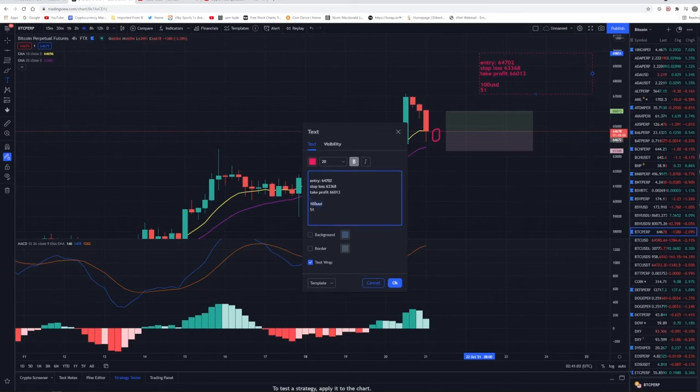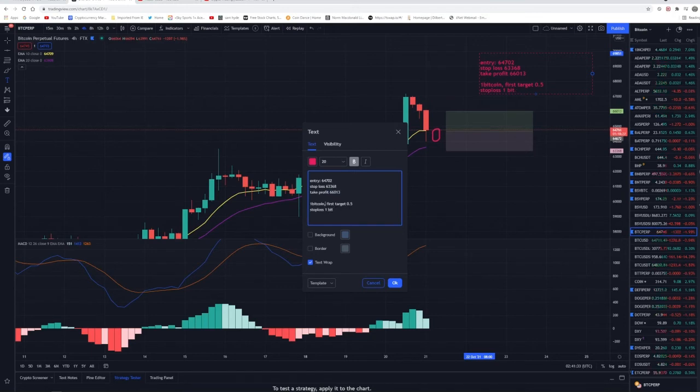But instead of saying 100 USD, let's say 1 Bitcoin. We would sell 0.5 Bitcoin at our first target. Okay? But our stop loss at 66 would be our entire position. So we'd put 1 BTC.